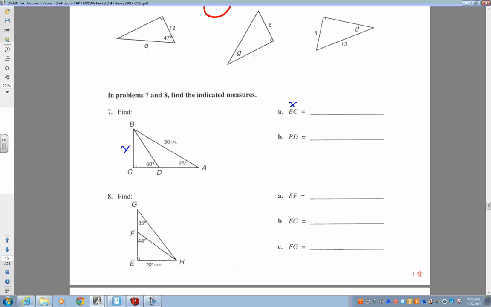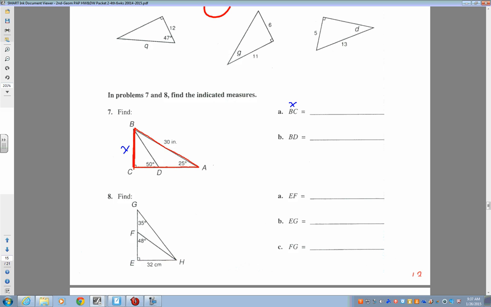Now, to find BC, I need to use some type of right triangle to find that. In order to do that, I need two parts of the right triangle. So I have this BC, and then if I look at the whole right triangle, I have the hypotenuse 30.